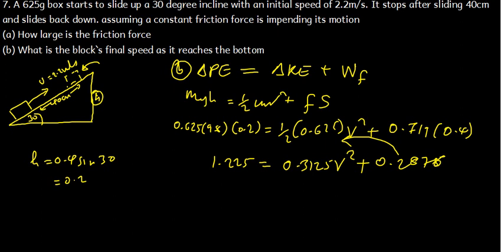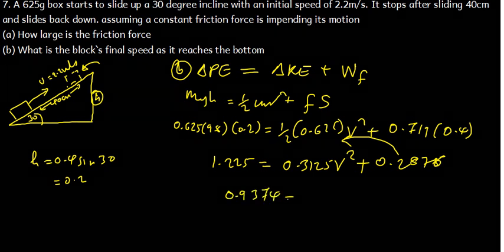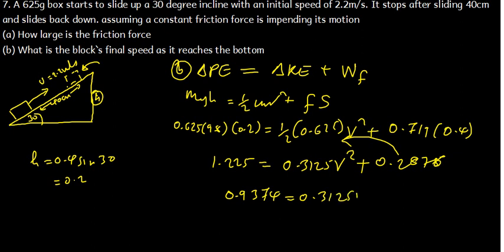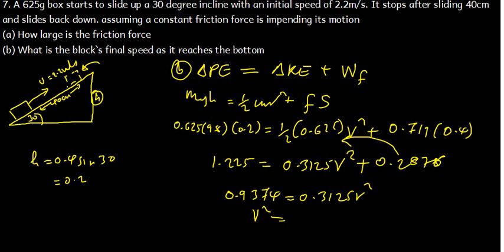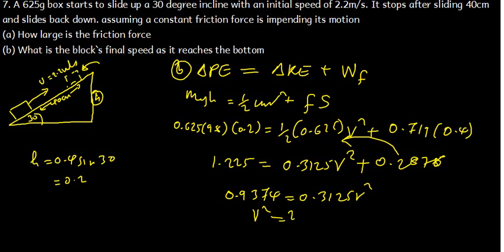What we are going to have is 1.225 subtract 0.2876, and that is going to give 0.9374, which will be equal to 0.3125 v squared. To remain with v squared, we divide 0.9374 by 0.3125. That is going to give 2.99968. To remain with v, we take the square root. That would be 1.73 meters per second. That is then the velocity.